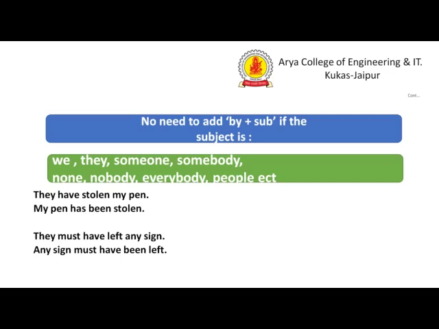If we convert it and add "by", that is not exactly correct. With the help of grammar we have to sort this out. If the sentence has these words, we will not convert them with "by". After the "by" we will not use these words. So: they must have left any sign, so any sign must have been left. Here we cannot use these words after the "by".